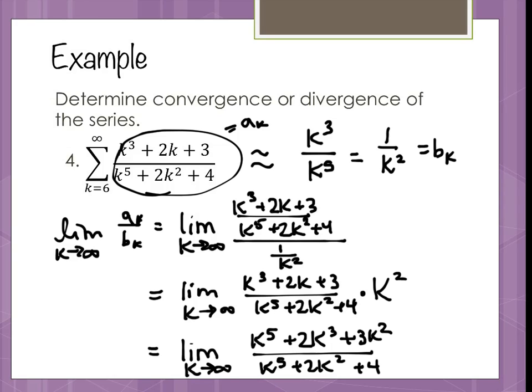What do you do next? Now we're back into what we learned to do in 9.1 and what you learned to do ages ago as well. What do you do to find this limit? Perfect, thank you, Jordan. We're going to multiply by 1 over k to the fifth. And when we do that, we're going to end up with the first terms in each of them, the k to the fifths, becoming constants.